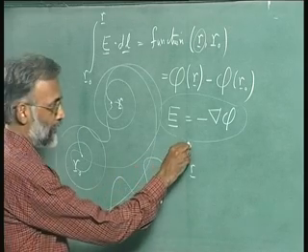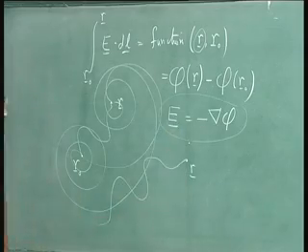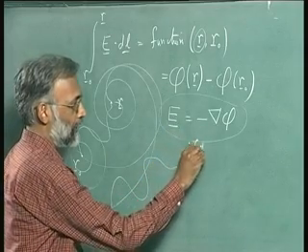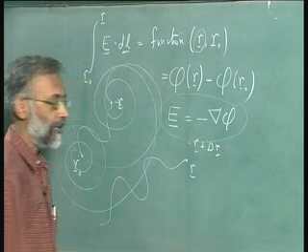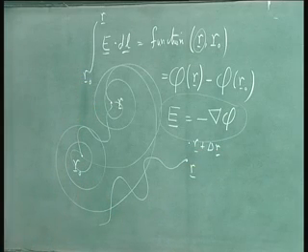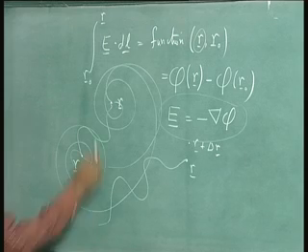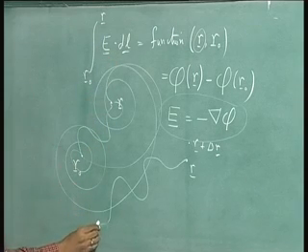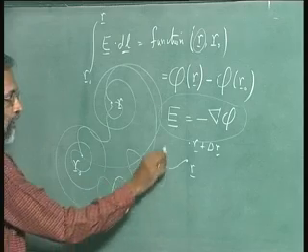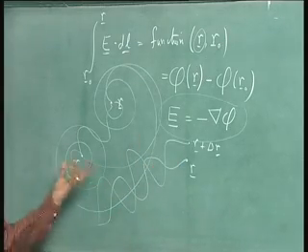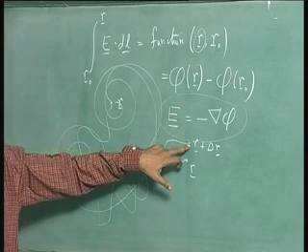Now, if you look at some point near r, a point I will call r plus delta r, the potential at that point comes by doing this integral from the same reference point on another path up to this point r plus delta r.